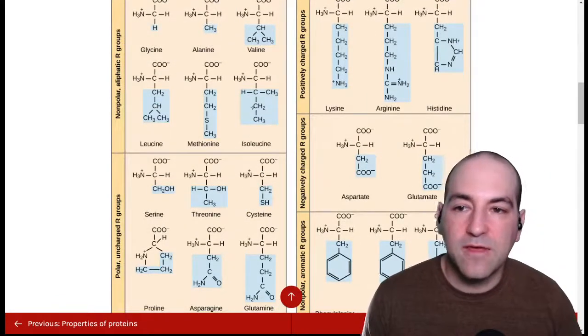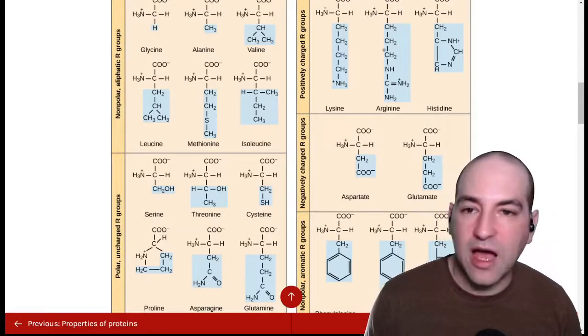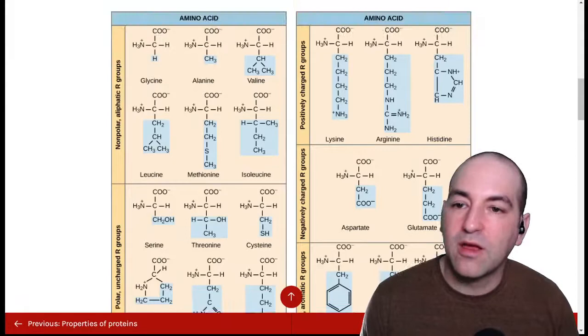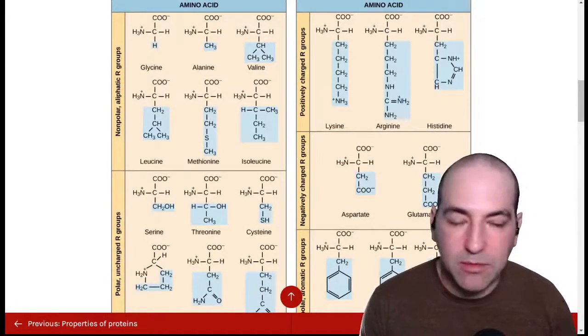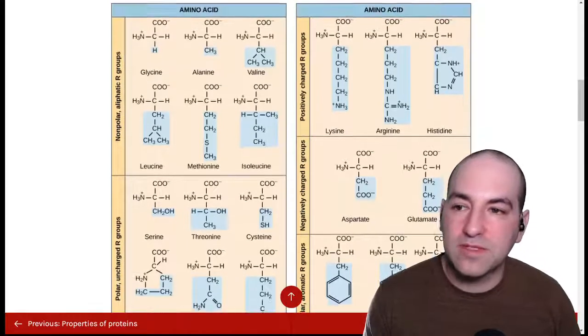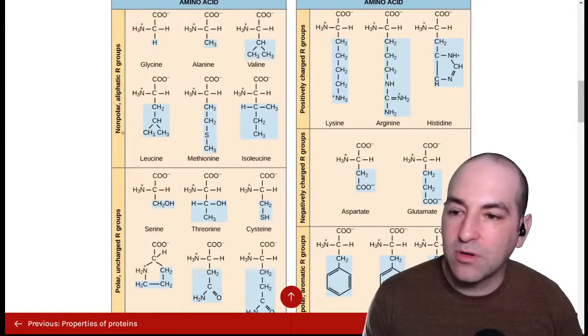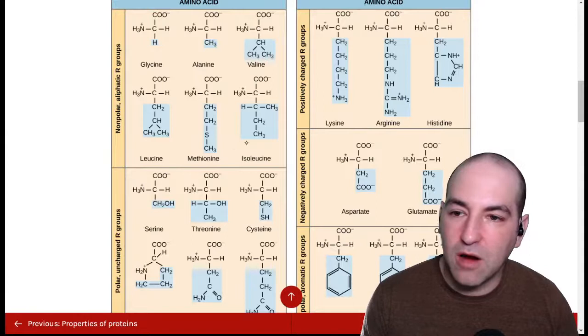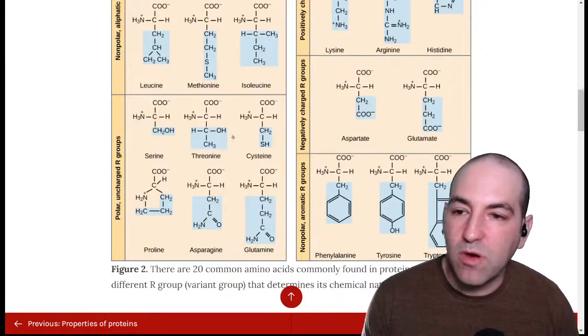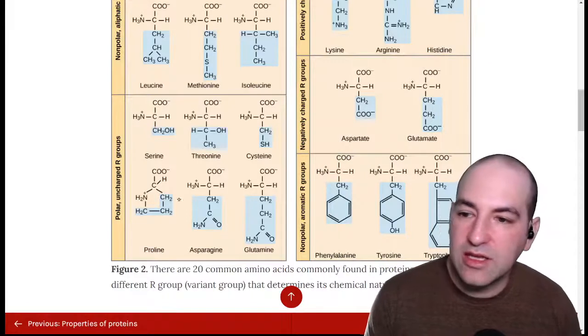And you can see that the side chain for each is highlighted in blue. So having that different thing down there gives it a different function. And in this table, they're categorized into different types of side chains. So you can have non-polar side chains that are mostly carbon and hydrogen, like this. You can have polar ones that have OH, SH, NH, like these.